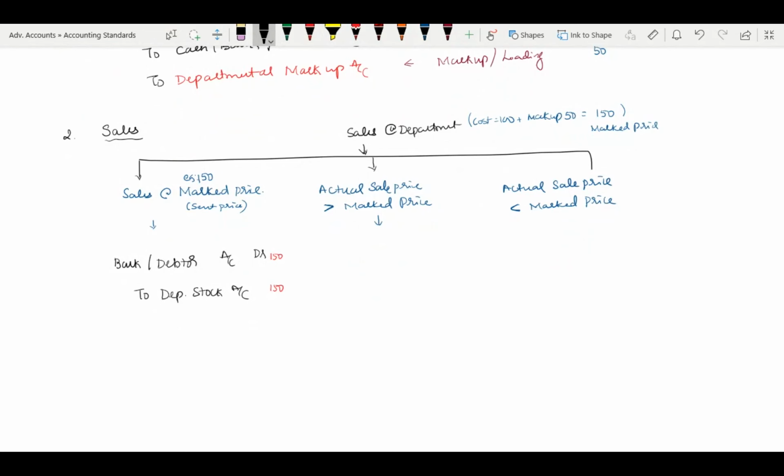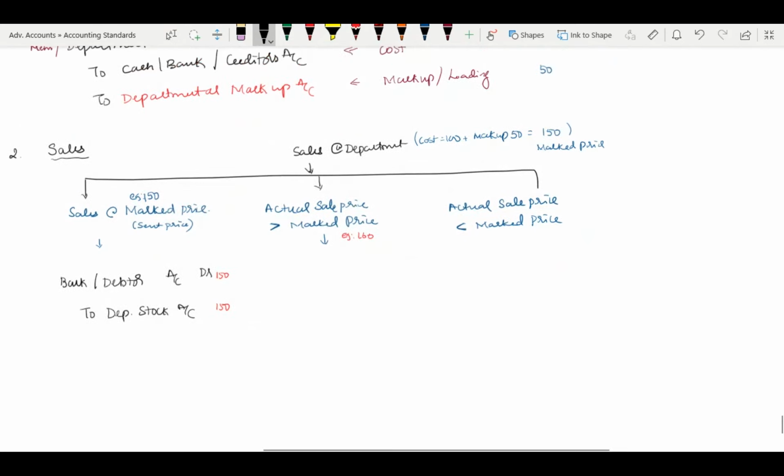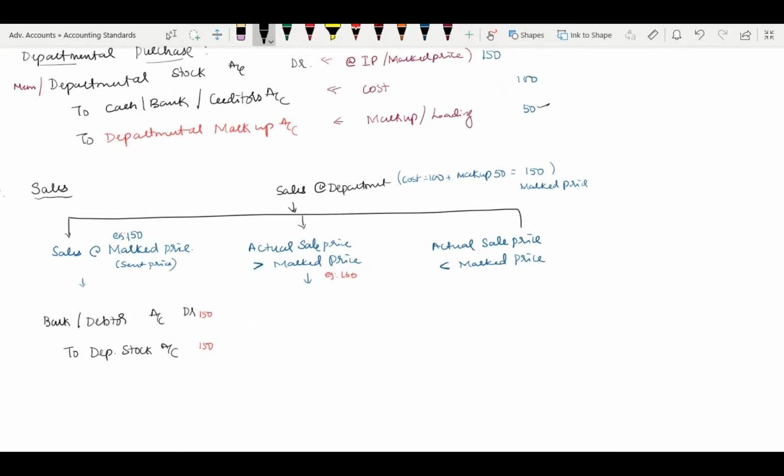Next, let's go to the actual sale price is more than market price. So example 160. Now I have sent at 150. Therefore, I thought he will sell at 150, and on that 50 rupees markup, I already recognized in the markup account. Correct? Now he has sold at 160. That is 10 rupees extra, which I have not accounted in my books.